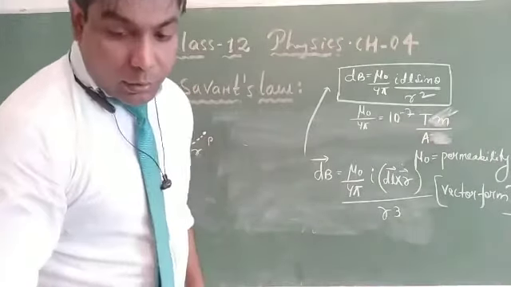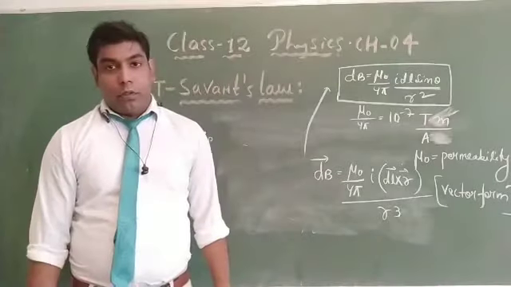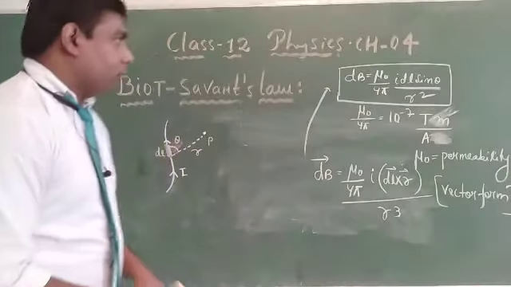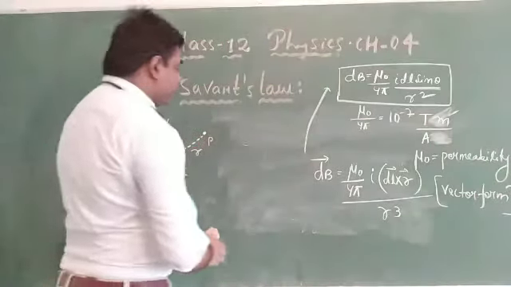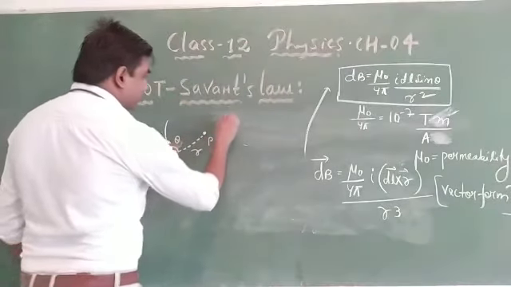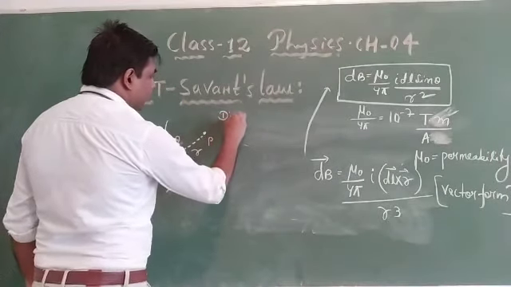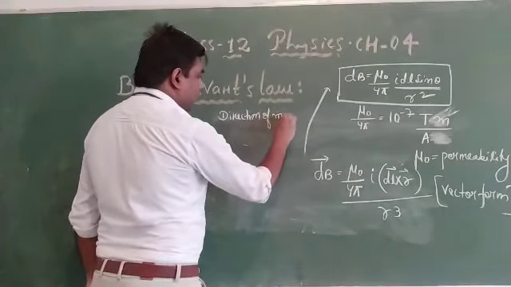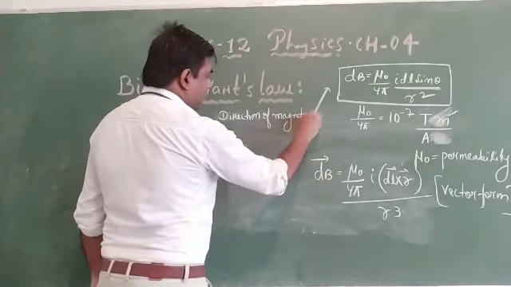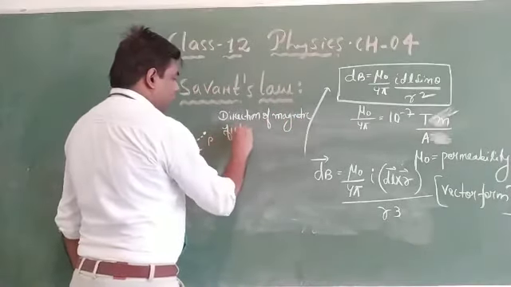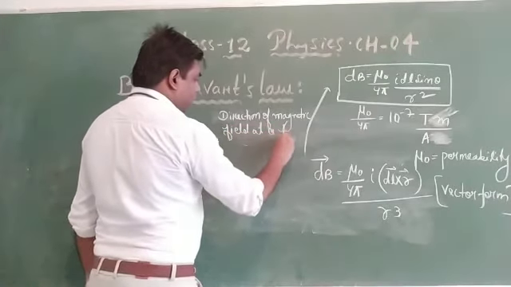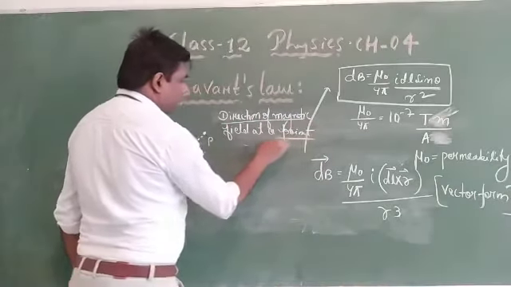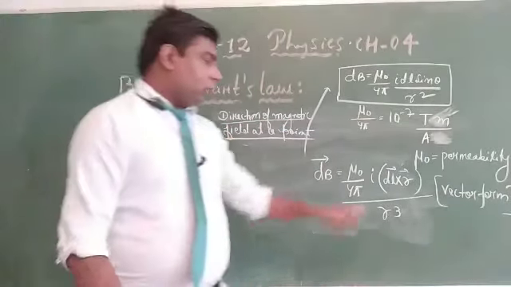Now see, magnetic field induction or magnetic field also has direction. So how to find out the direction? Next topic will be how to find out the direction. Now see, this is the cross product.